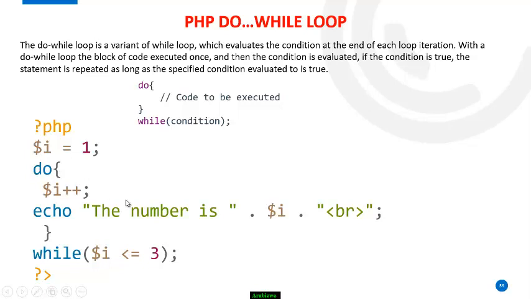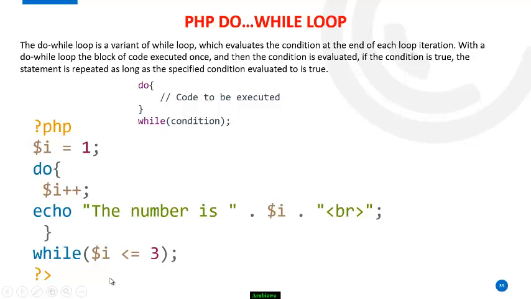So we have 2 already. It will go there again and increment the 2 to 3. It will now check if 3 is less than or equal to 3. If the condition is not true, the loop will stop. So that is how do while works.